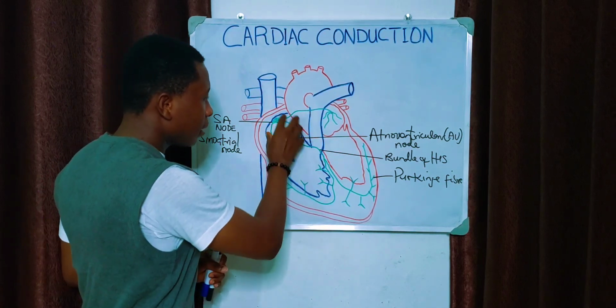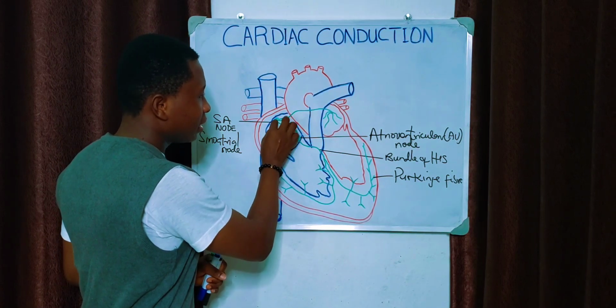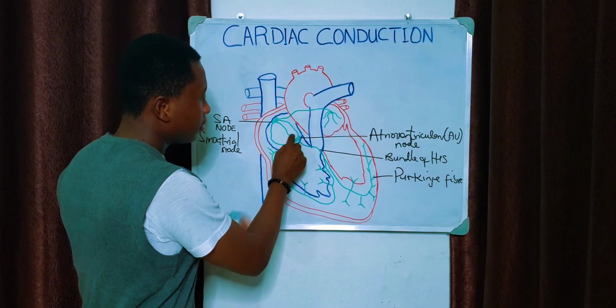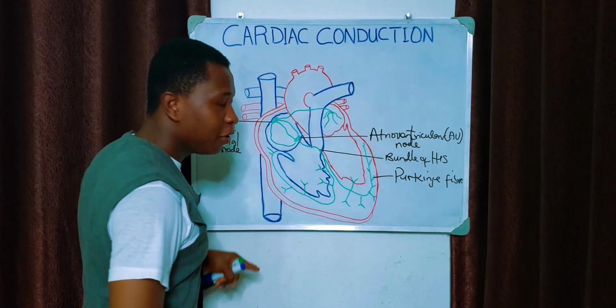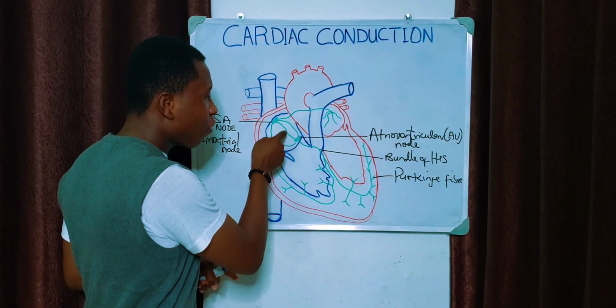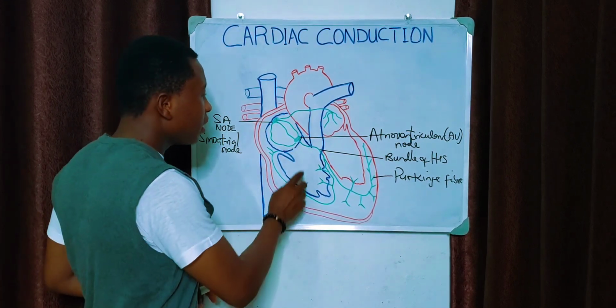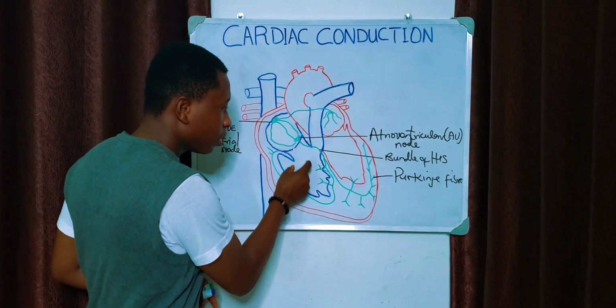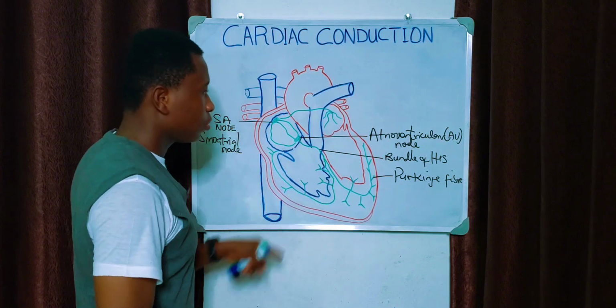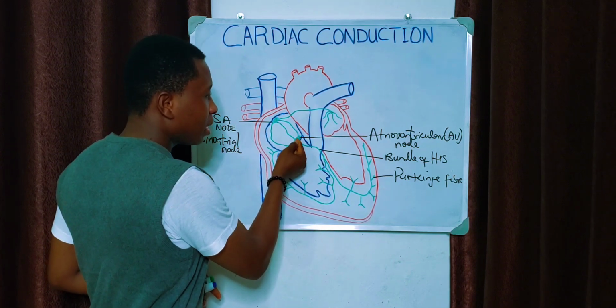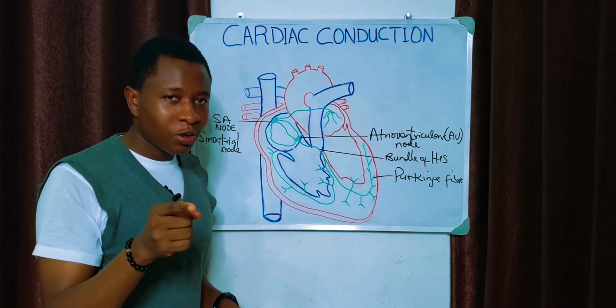Now, when the blood fills the atrium, these signals get to the AV node. The AV node waits for the blood to empty into the ventricles. So the moment the blood empties from the atrium and goes down to the ventricles, the AV node fires its own action potential.